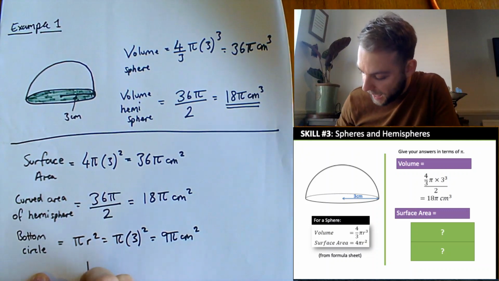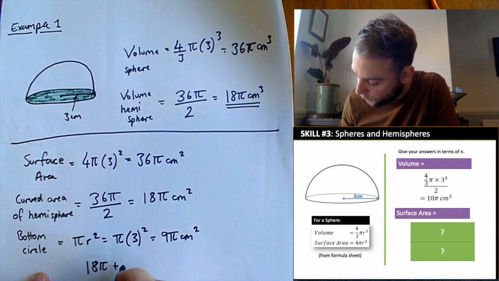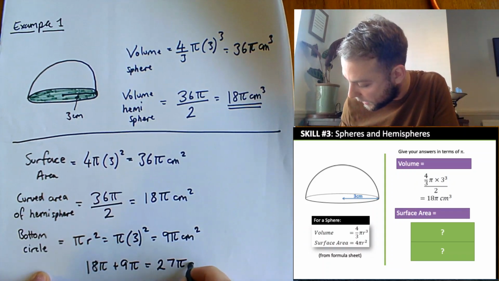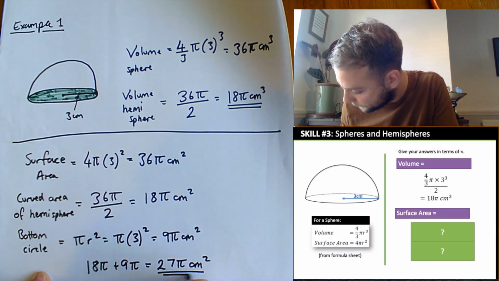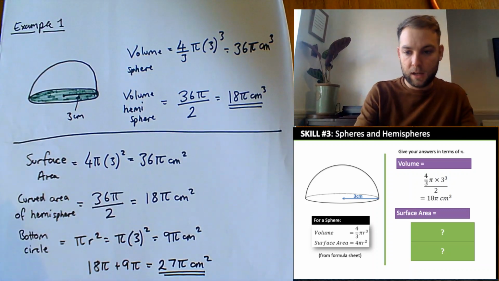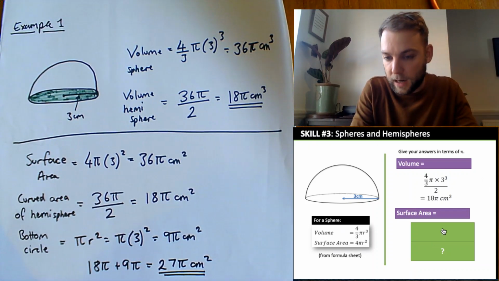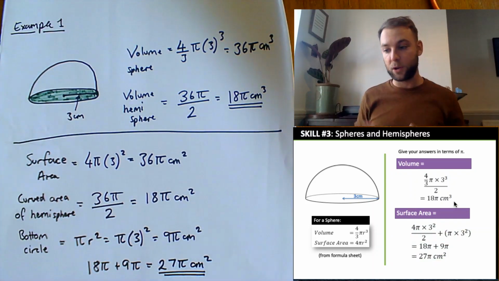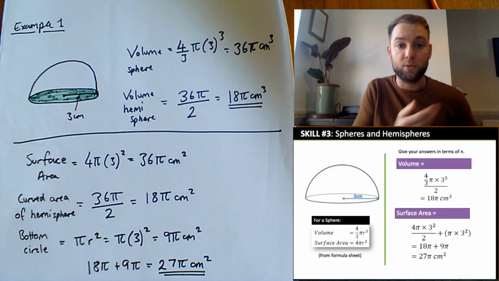So it's going to be 18 pi plus the 9 pi, which is equal to 27 pi centimetres squared. Okay, 27 pi centimetres squared. So it's the curved area of the hemisphere plus that bottom circle as well.